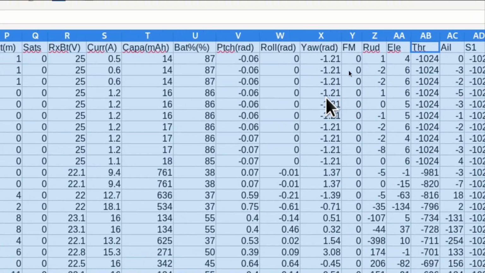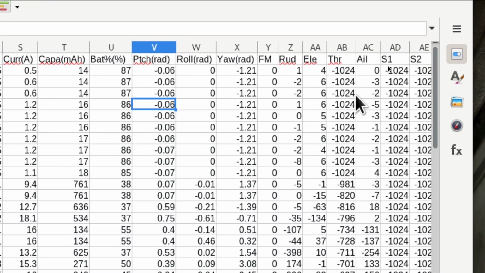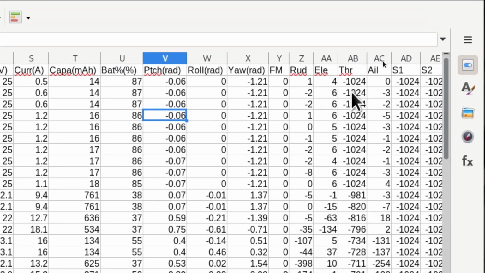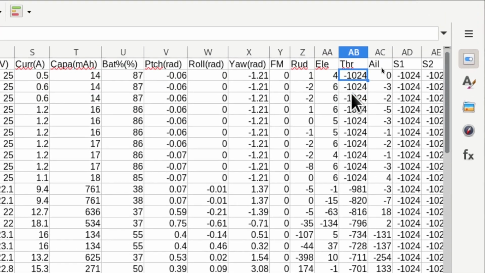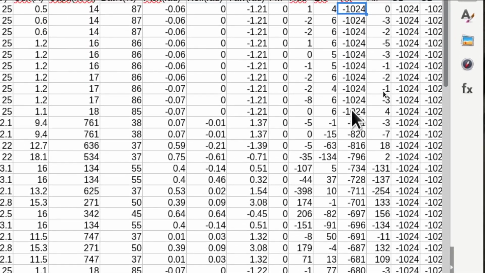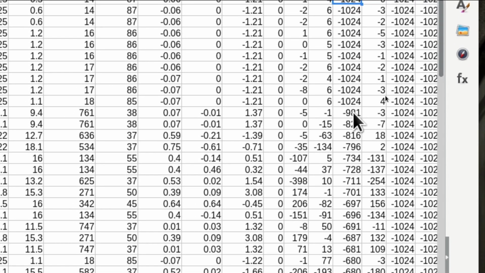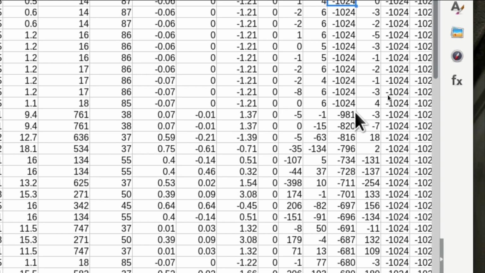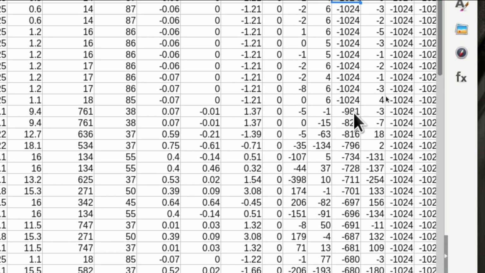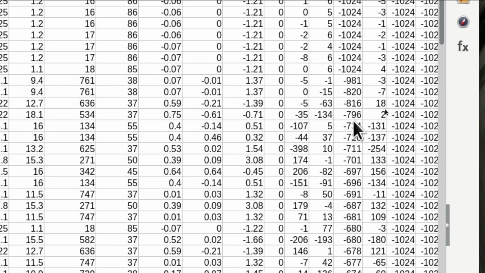All right, so let me click on a cell here. So this was when my quad was still at rest. I wasn't moving, and then I started moving. See, I'm moving the throttle, I'm pitching it forward. I'm referring to the throttle stick, and then I started speeding up. Look at the number.